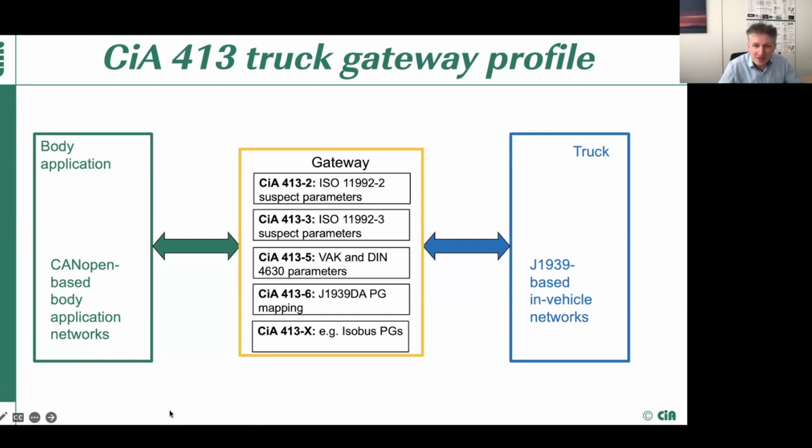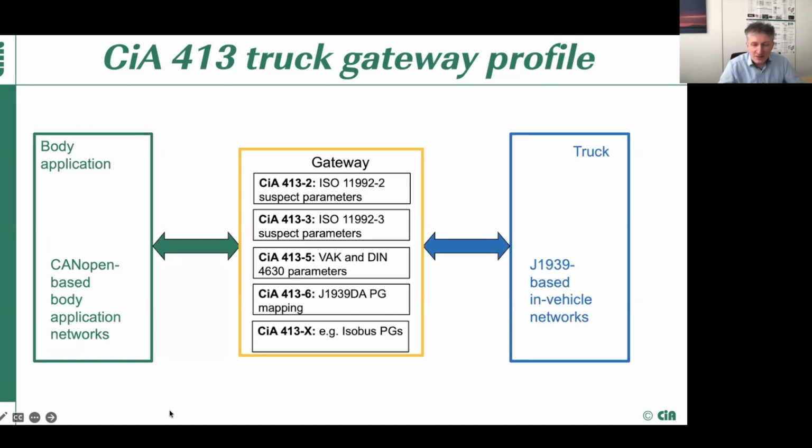Since several components of the truck and trailer were designed earlier, and are designed now, with CANopen data, it makes sense to put them in a gateway and provide not a transparent, but a transposing table, where you have the data from the CANopen-based body application units and their corresponding counterparts on the J1939 network side, and possibly the place where this data goes into the truck-specific network and J1939 devices.